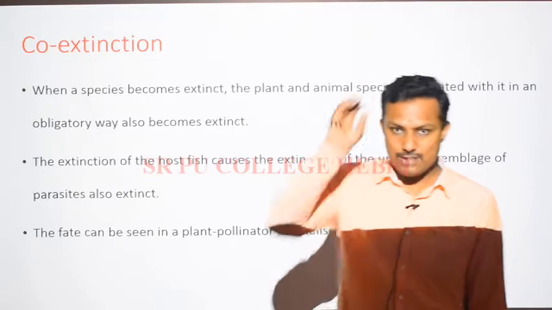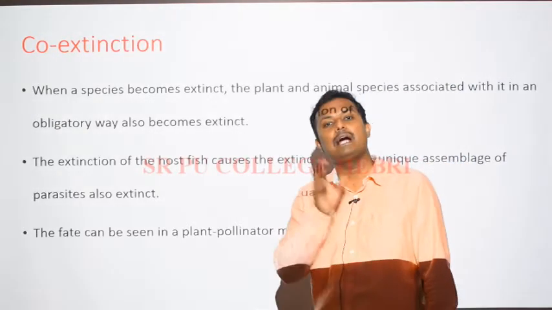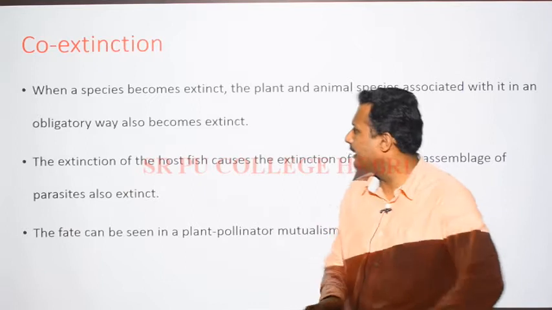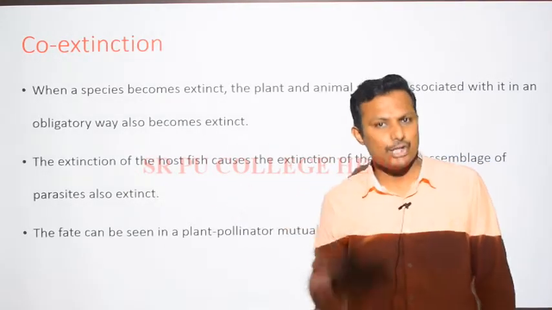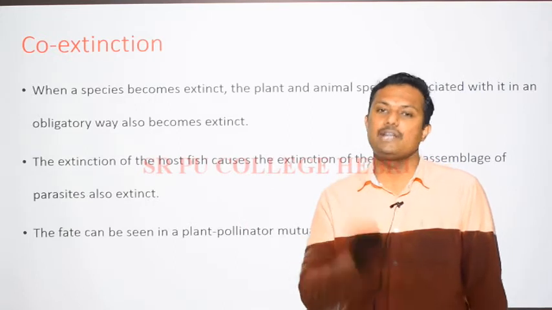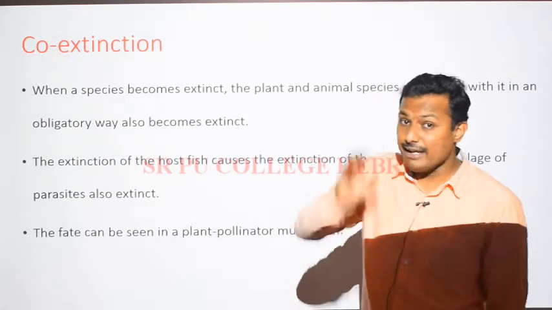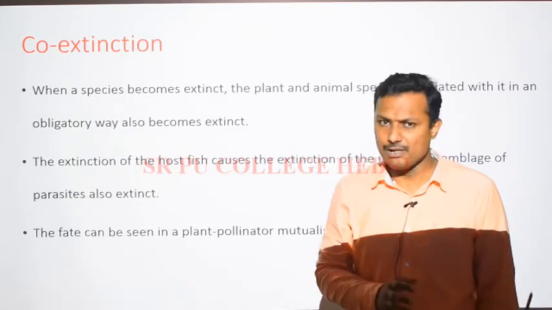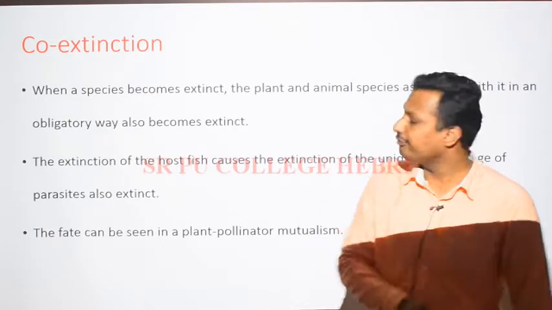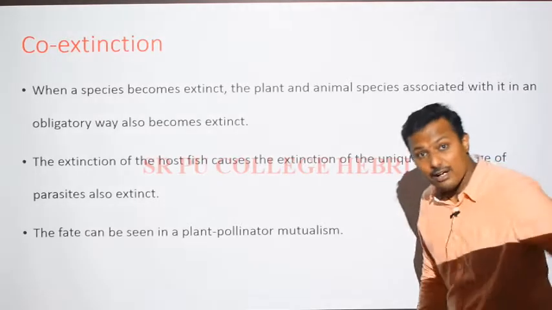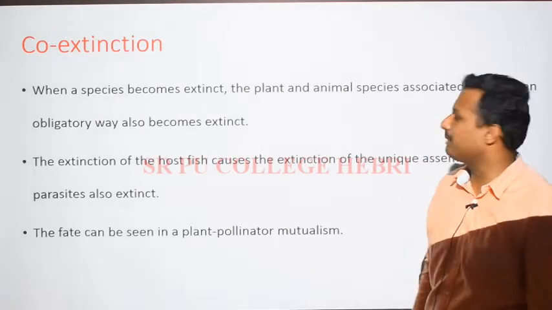So there is always specificity between the plant and pollinator, and there are so many other obligatory interactions in which organisms are involved. If one of these species becomes extinct, the other which is associated will also become extinct.